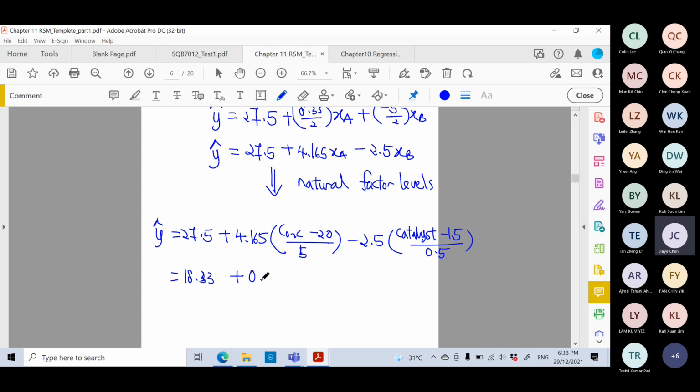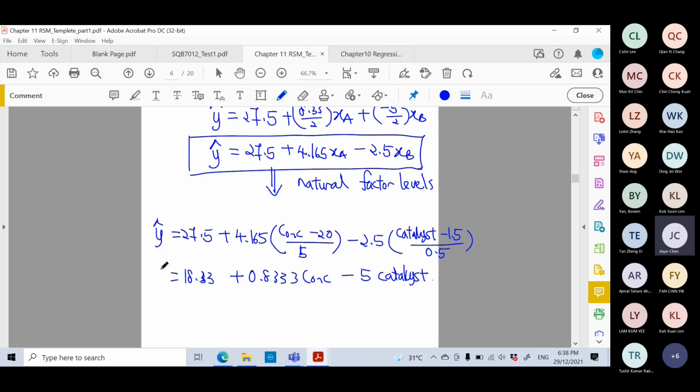plus 0.8333 times the concentration minus 5 times the catalyst. So your equation can be in terms of the natural variables here, or you can convert it back in terms of the coded variables.